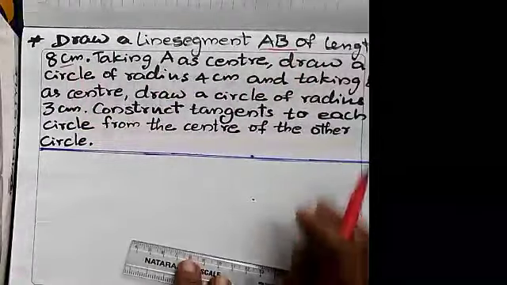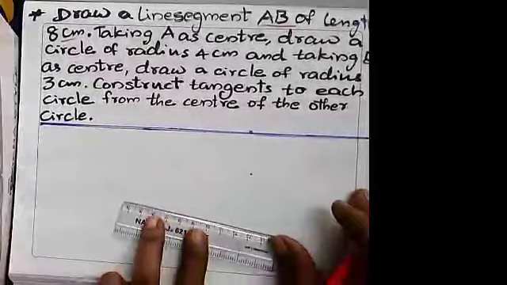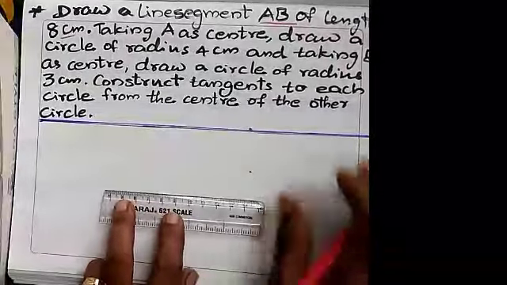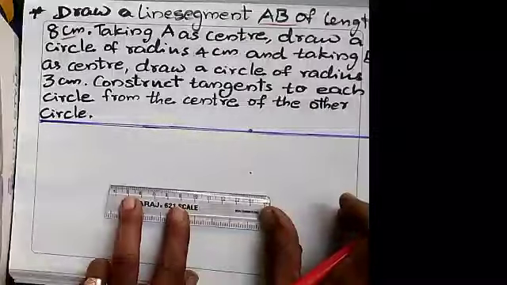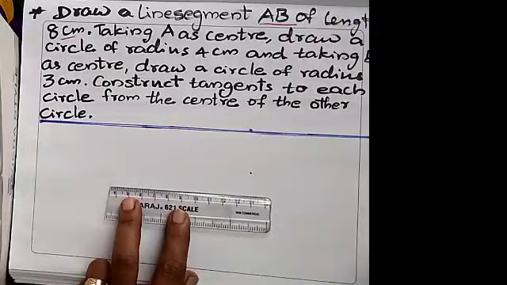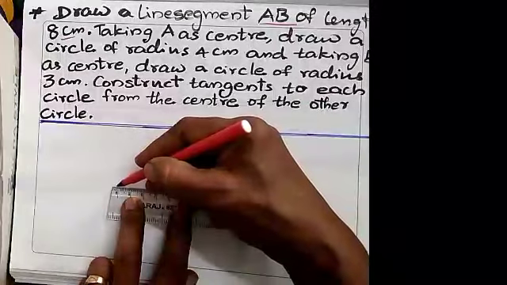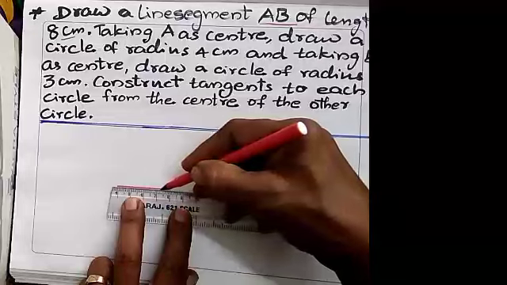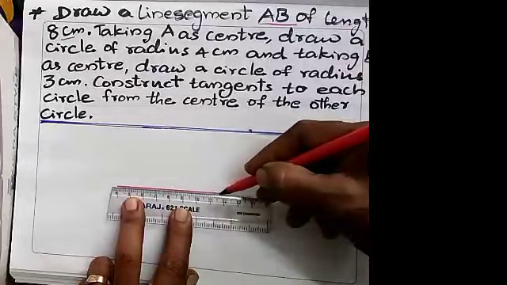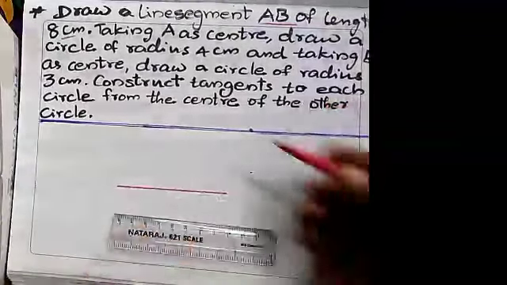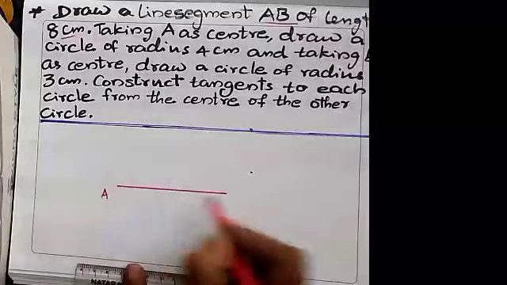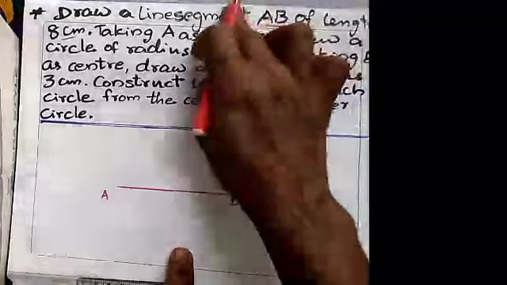So we can start with the line segment AB of length 8 cm. Then name it A, B. Then what's the next step?